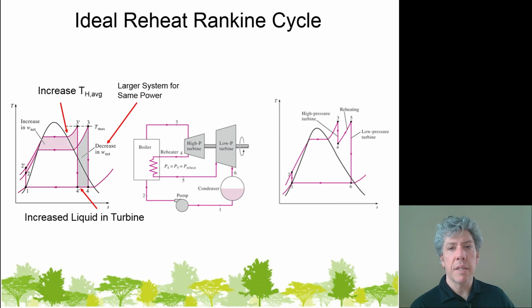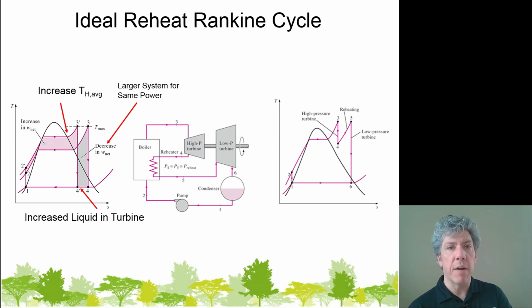I'm sorry, not a regenerator, pardon me. Let's reheat this. So let's take this steam, and rather than just putting it into the condenser, let's take it back to the boiler through a separate set of piping that's at a lower pressure. Okay? And let's reheat it. Let's put thermal energy back into it. So we'll move from state 4 to state 5 in the boiler through the reheat coils.